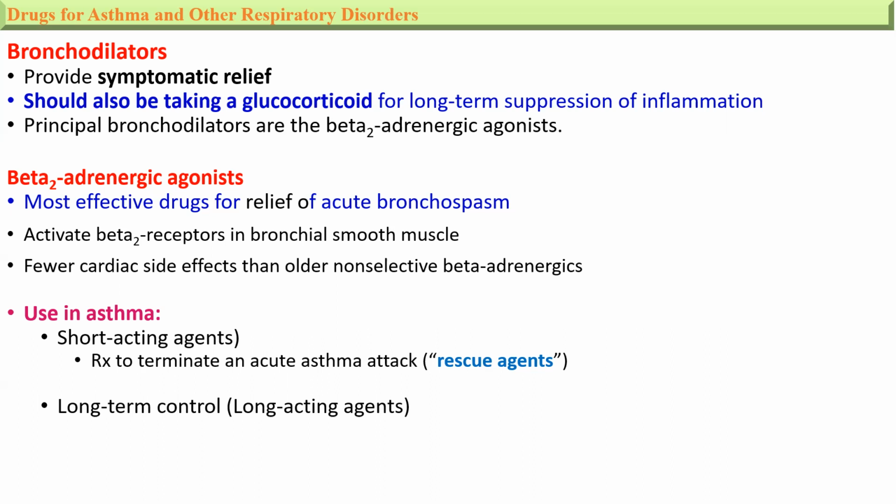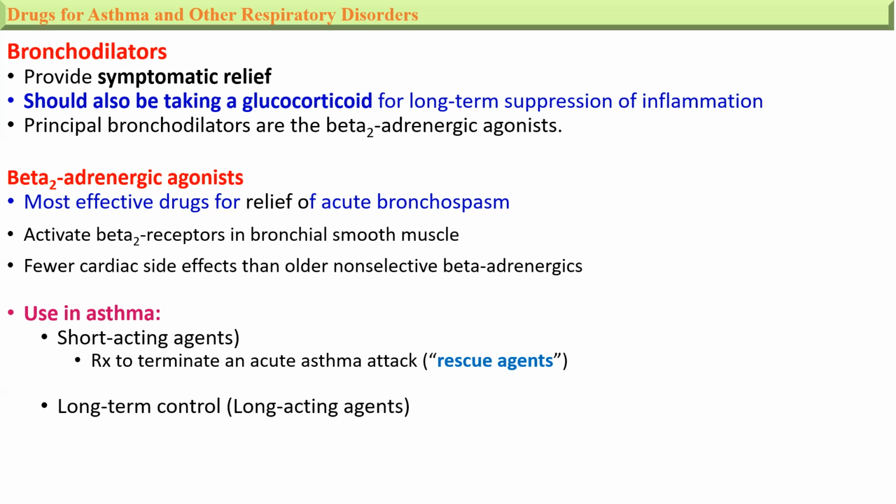The classification of the beta agonists ranges from the ultra short to long-acting agonists. So we have the short-acting beta agonist, SABA, and the long-acting beta agonist, LABA. Both are used in asthma.